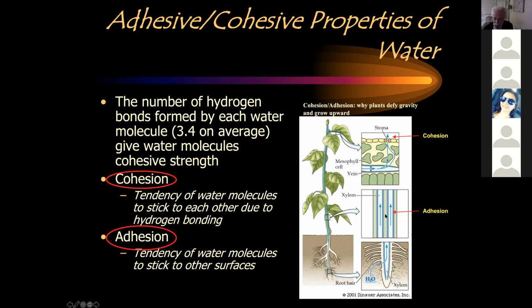Adhesion comes into play because the xylem vessels are tubes, and the water molecules are attracted to the sides of the xylem vessels, so it's constantly moving up because of adhesion. The tendency of the water molecules to stick to another surface. Is that clear? These two properties, cohesion and adhesion, are what allow water to move up in a plant.